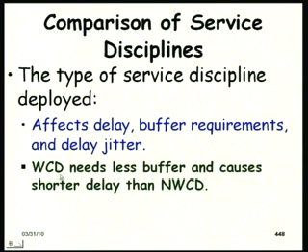The work conserving disciplines need less buffer space and cause shorter delay than the non-work conserving discipline. Why is that? Yes, anybody would like to answer? This is a claim we are making, that the work conserving disciplines need less buffer space at the switch, and cause shorter delay than the non-work conserving discipline.